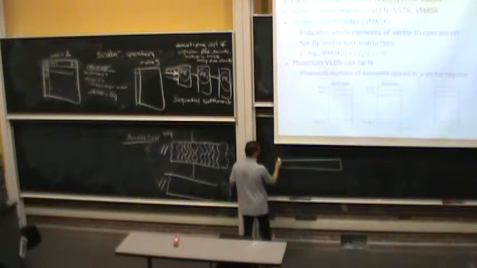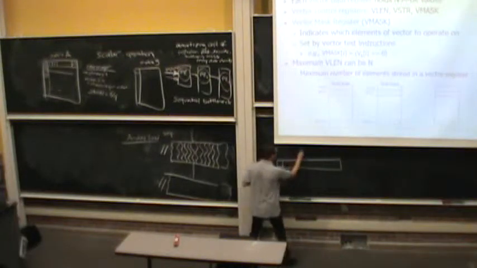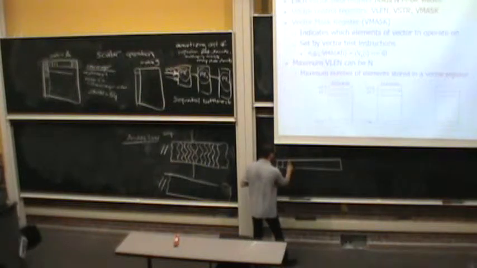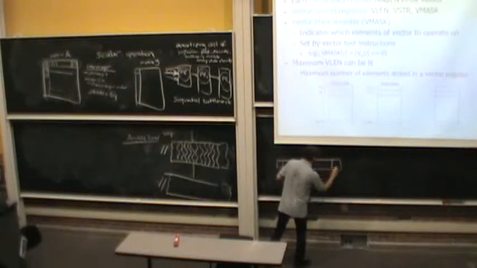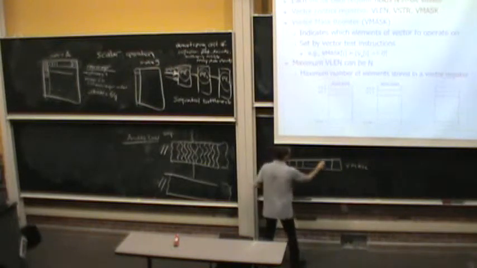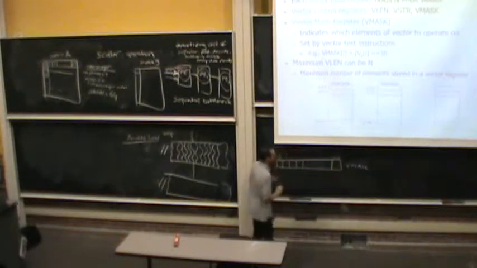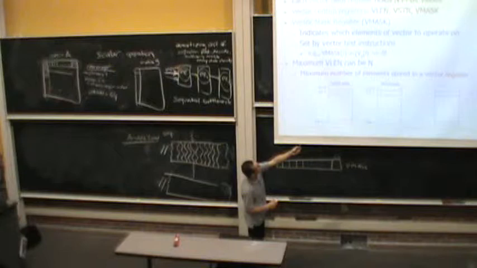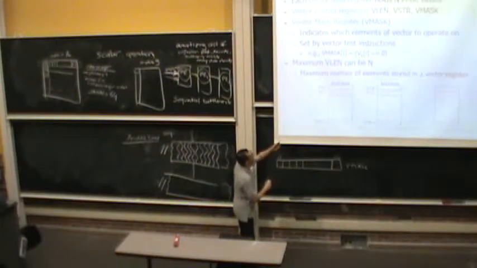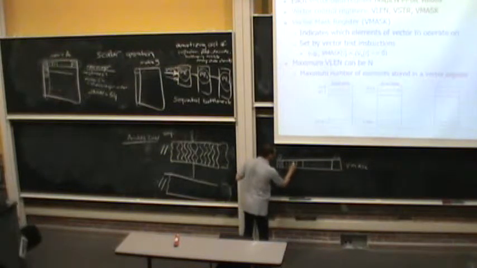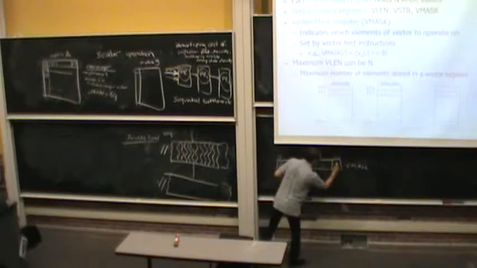So let's say your hardware vector length is 64 elements. Each instruction can operate on a maximum of 64 elements. You have a vector mask register that has 64 bits, if you will. And these bits can be set by instructions like that. That's a comparison instruction, right? Vector comparison. Each element in the vector is compared to 0, and depending on the comparison, this mask is set. 0, 1, 0, 0, let's say 1.